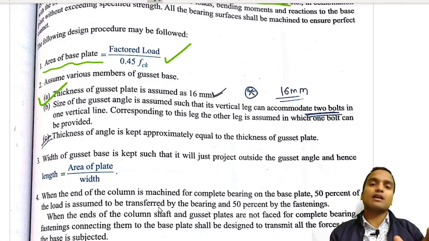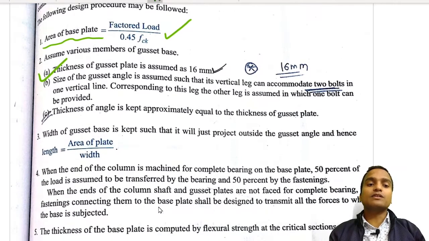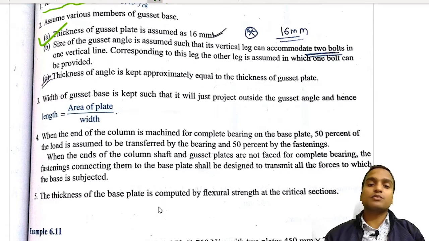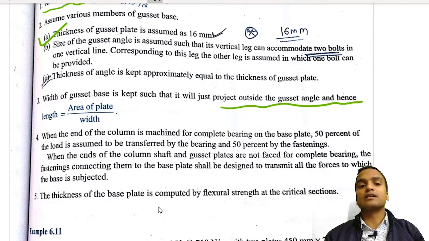So the thickness of angle section should also be equal to 14 mm, 15 mm, 16 or 18, like that. Now width of gusset base is kept such that it will just project outside the gusset angle, and hence length can be calculated, which will be equal to area of plate divided by width.